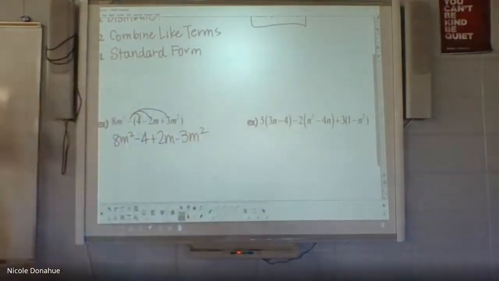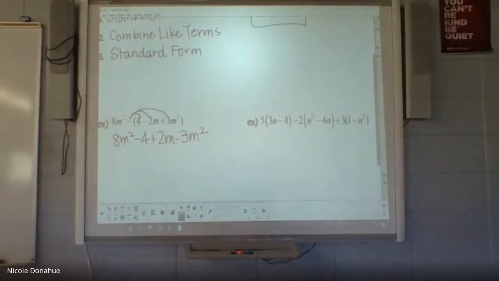So we're distributing this negative in. So we distribute that in. And now we want to combine like terms.